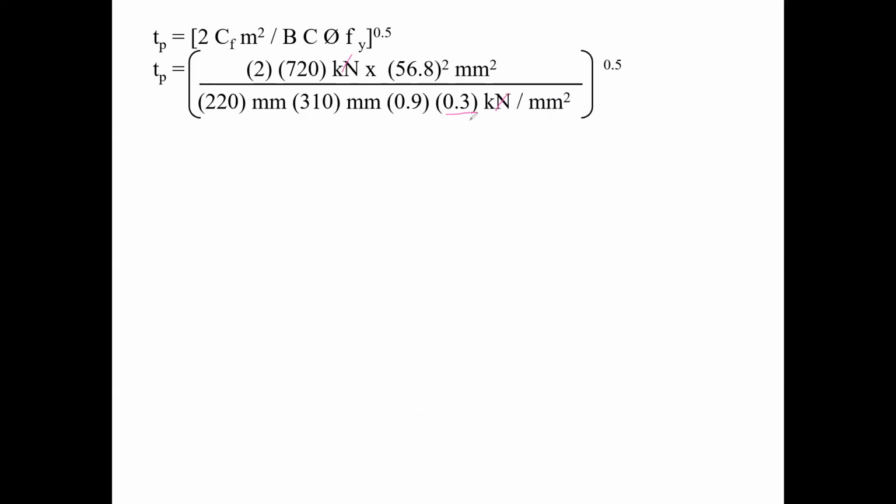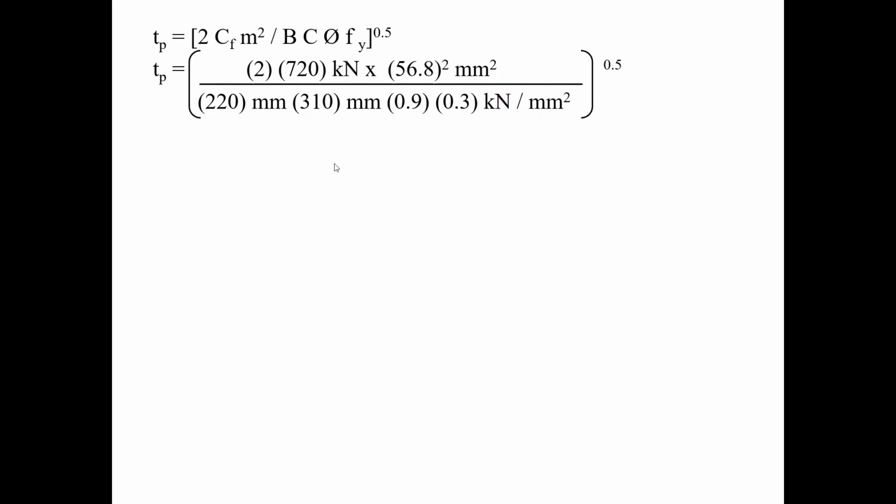You'll see for the Fy value, I will always be using kilonewtons per millimeter squared. And this way, I'm assuring myself that this and this cancel, I take the square root of this, and therefore I end up with a millimeter. So I have the right units, and therefore I can go ahead.